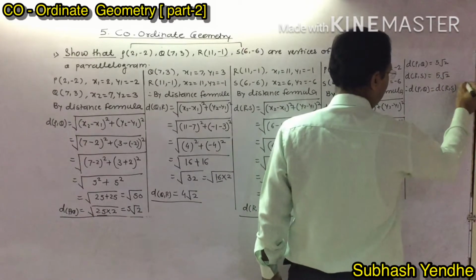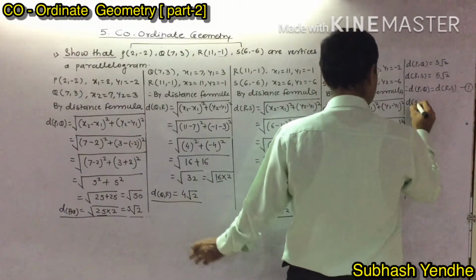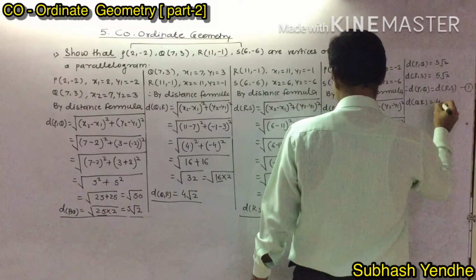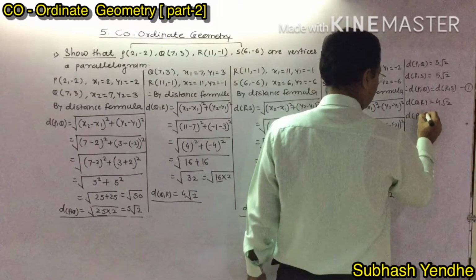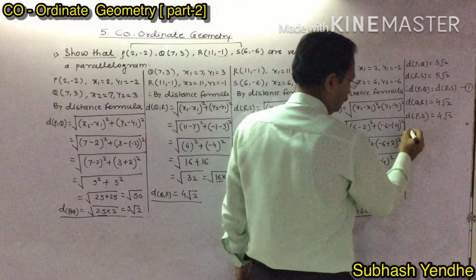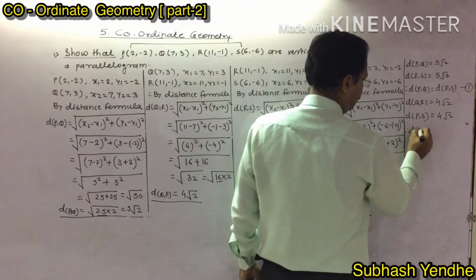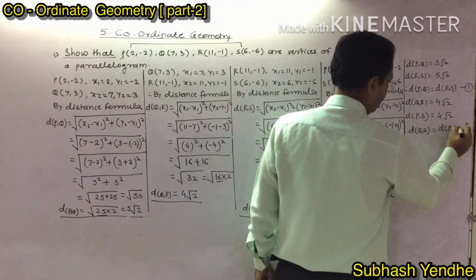Give the number 1. Distance QR is equal to 4 root 2. Distance PS equals to 4 root 2. Therefore, we can write it, distance QR is equal to distance PS.